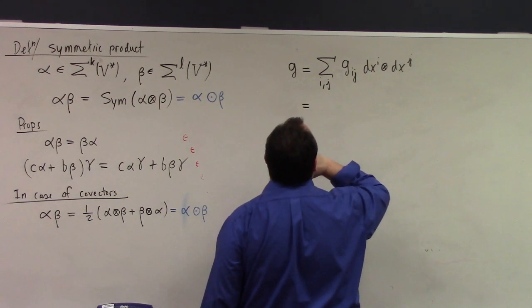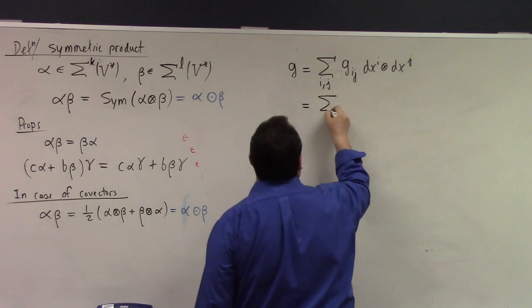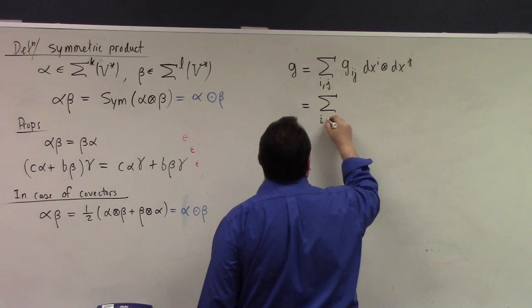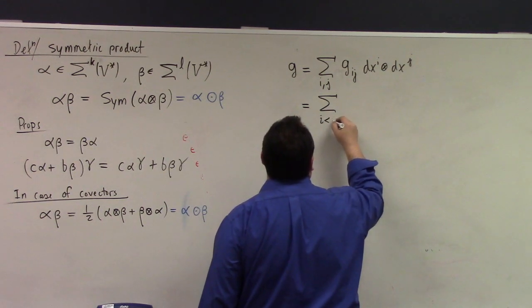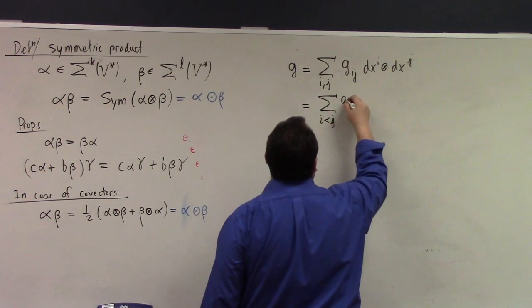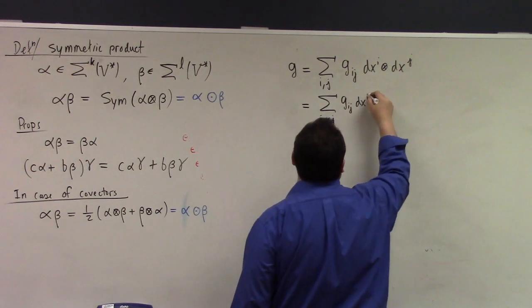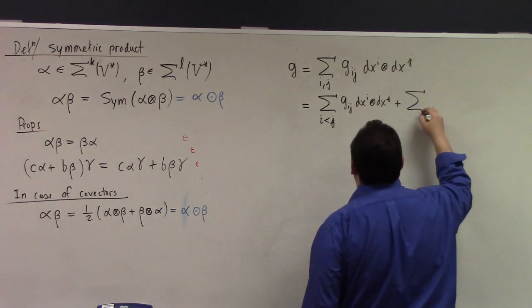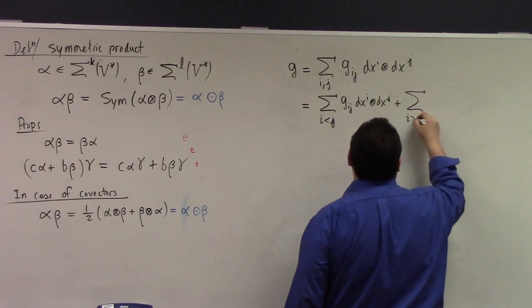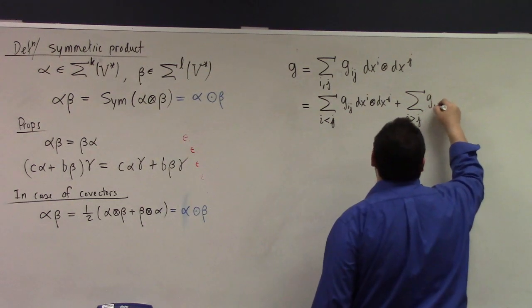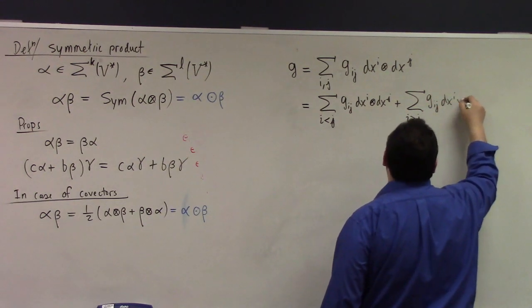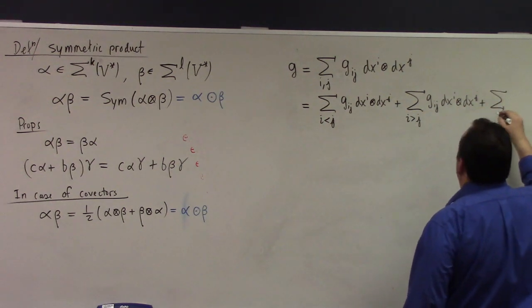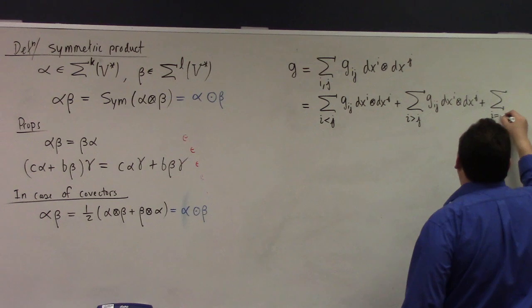How can I do this? How about this: the sum over i less than j of g_ij dx^i tensor dx^j, plus the sum over i greater than j of g_ij dx^i tensor dx^j, plus the sum over i equals j.